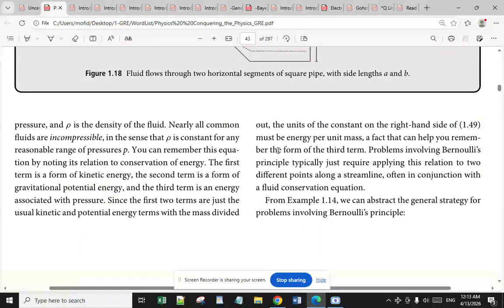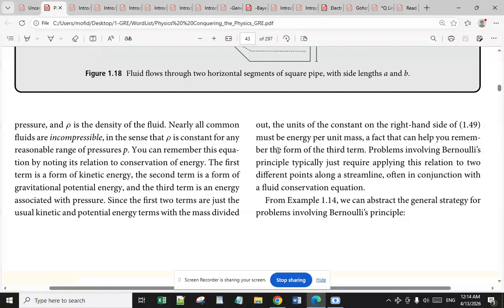The first term is a form of kinetic energy, the second term is a form of gravitational potential energy, and the third term is an energy associated with pressure. Since the first two terms are just the usual kinetic and potential energy terms with the mass divided out, the units of the constant on the right hand side of 1.49 must be energy per unit mass, a fact that can help you remember the form of the third term.